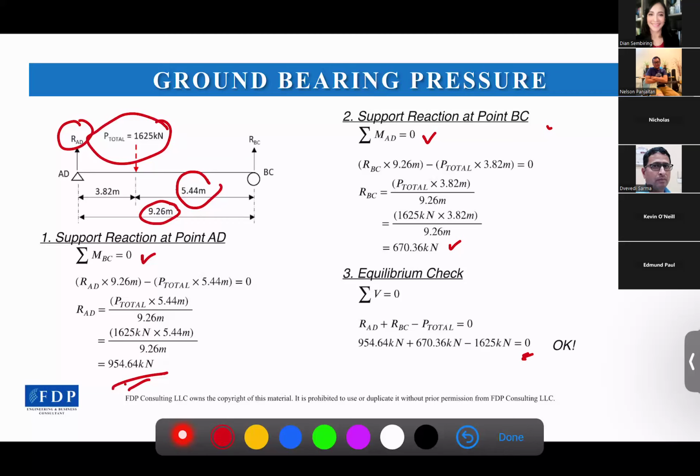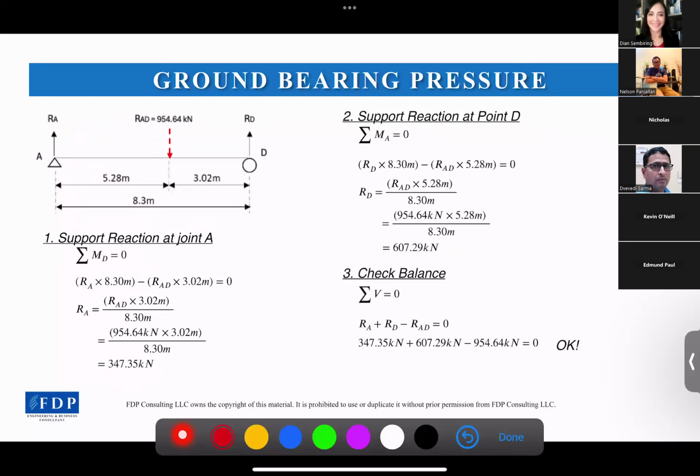So that's the combined reaction between AD and BC. Now we distribute the reaction again by using the combined reaction.